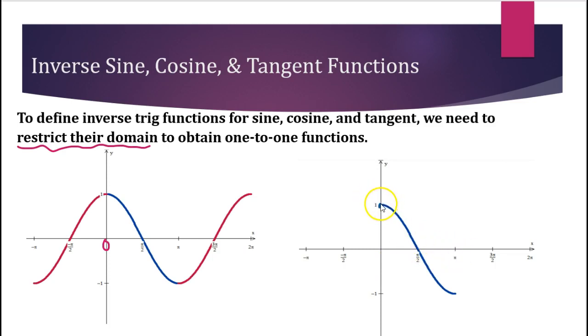So since it's 1-to-1, I can take its coordinate points: we have (0, 1) here, we have (pi over 2, 0), and this coordinate point down here at (pi, negative 1). And we can switch those coordinate points to get the graph of the inverse, which of course is going to be a reflection over the line y equals x. So we're still talking about the same kind of inverses that we learned about previously.